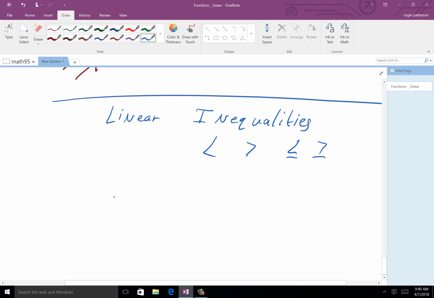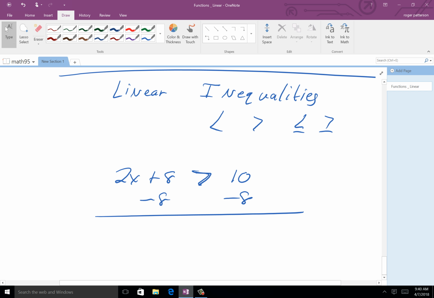Nothing changes. There it is. X is greater than 1. All right. Now, here's where it tricks people up. So that's one way to write the answer. Another way to write the answer is to use a number line graph.